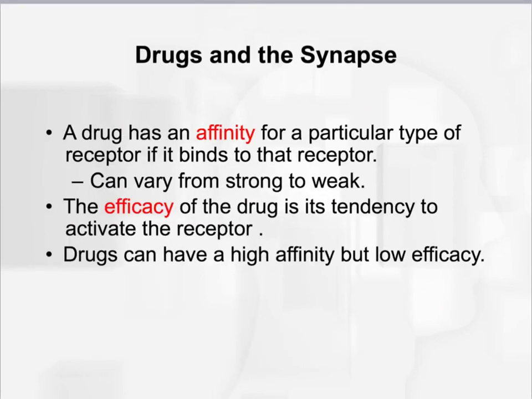So finally, when a medication or a drug has an affinity for a particular type of receptor, that's one thing. But the idea of binding to the site is also very important. As we talk further about treatments and medications, you have to have both efficacy and affinity.